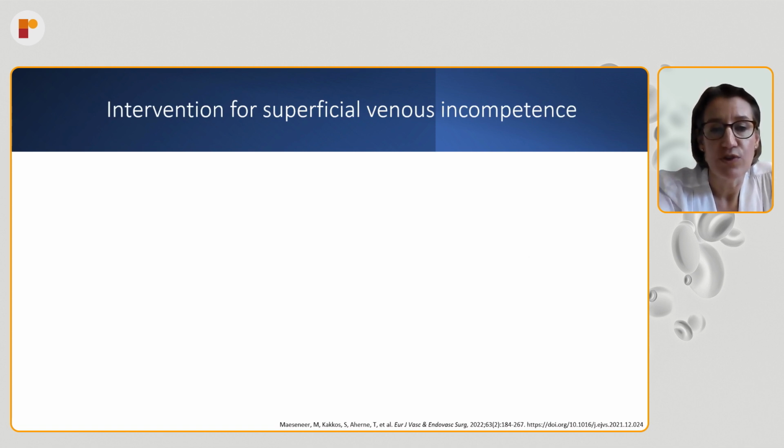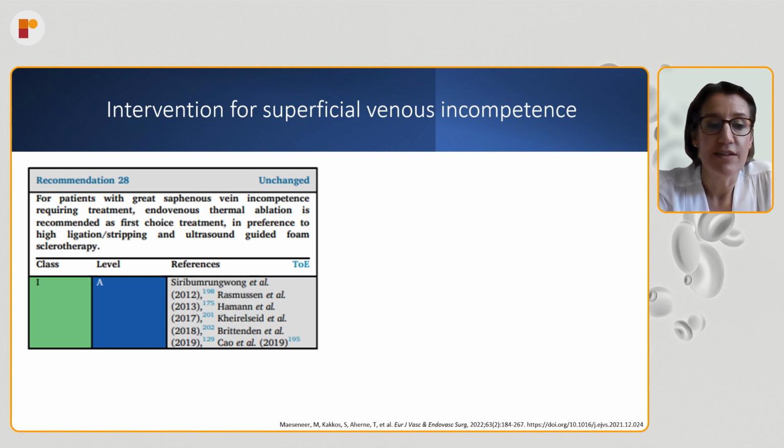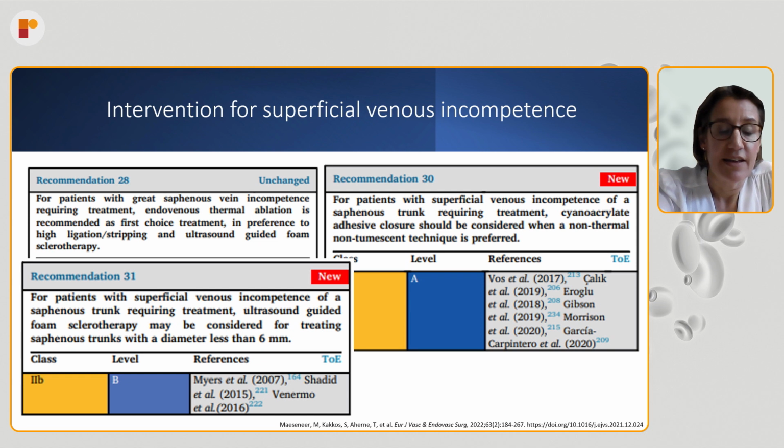So, intervention for superficial venous incompetence, again, I've taken these from the ESVS guidelines. For patients with great saphenous vein incompetence requiring treatment, the suggestion is that these patients should be treated with endovenous thermal ablation as the first choice of treatment. Again, for patients requiring treatment for superficial venous incompetence, cyanoacrylate adhesive closure can be considered, as can foam sclerotherapy, particularly for saphenous trunks with a diameter of less than 6 millimeters.